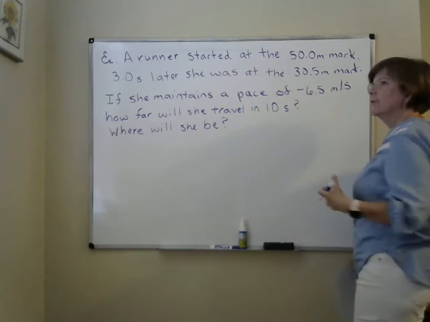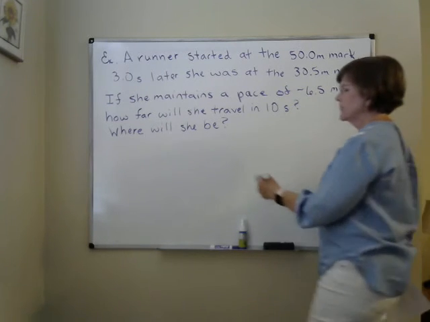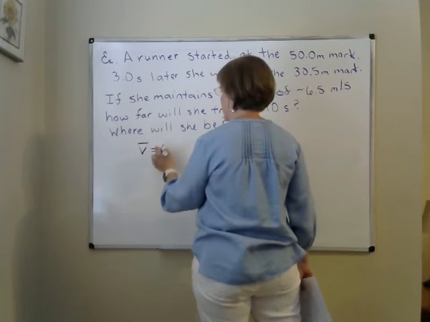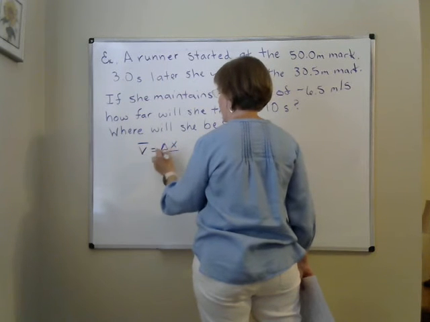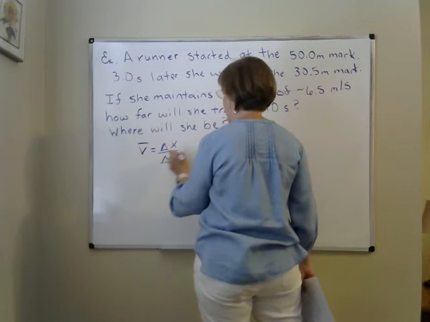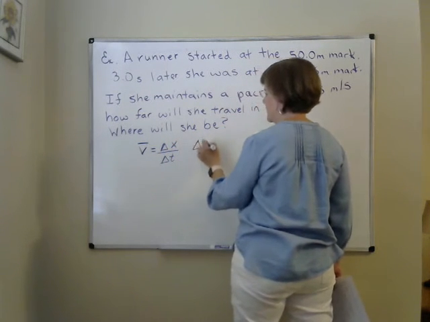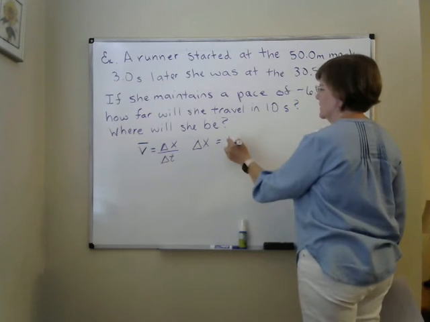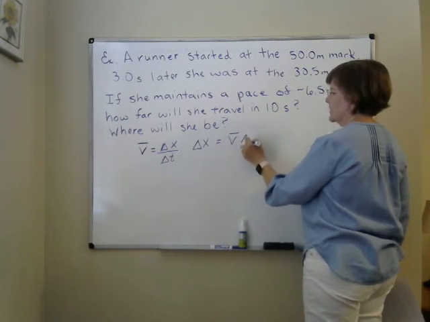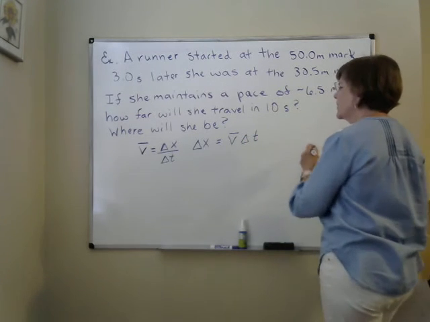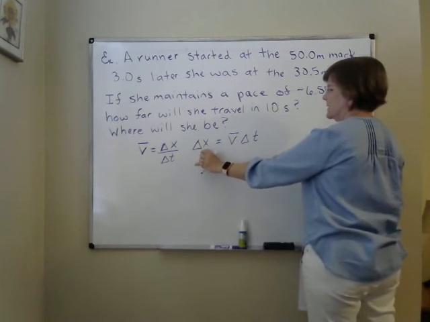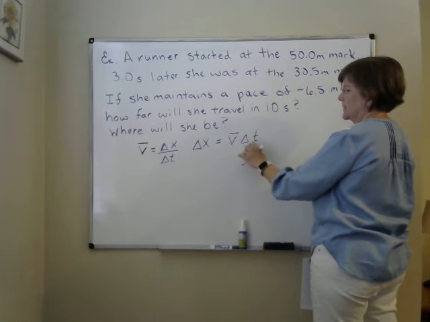Well, the only formula we've really looked at so far is average velocity, so we'll go there. Average velocity is change in position over change in time. If I rearrange that, I can see that her displacement, or her change in position, is just her average velocity times the time. If you remember middle school, you might have had a formula that looked something like distance equals rate times time.